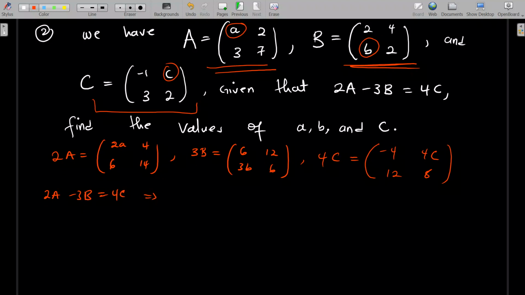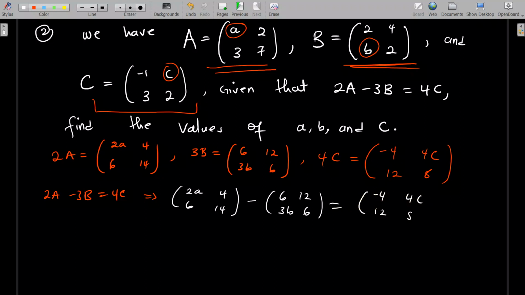This will imply that we have 2A, which is 2a, 4, 6, 14, minus 3B, which is 6, 12, 3b, 6, should be 4C, which is negative 4, 4c, 12, 8.